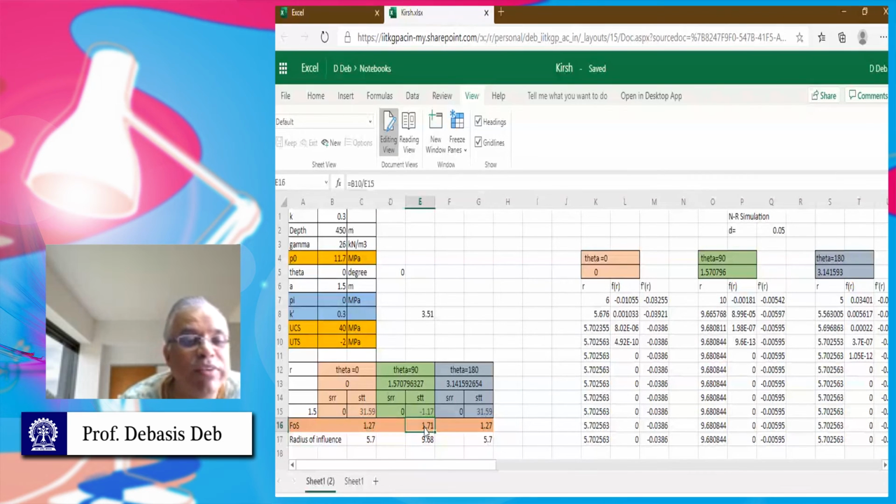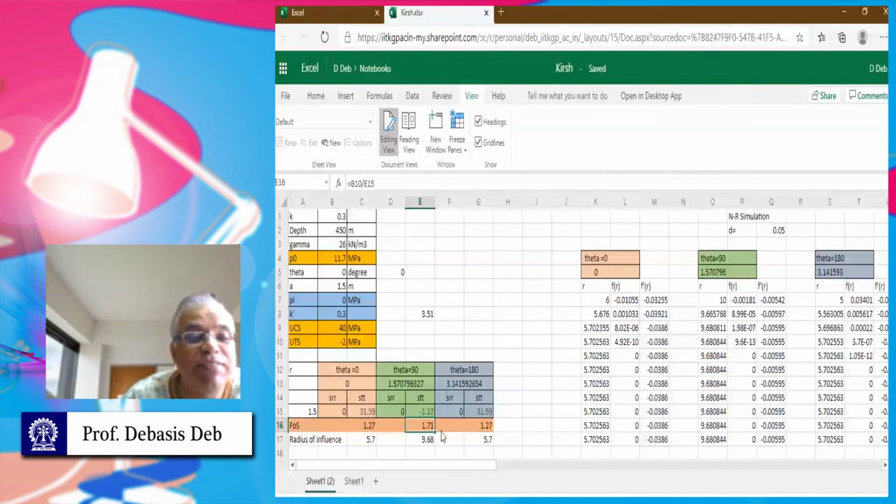But here, because it is in tension, you have to use the tensile strength because this is not compression. And that's why I told you where to use UCS and where to use UTS depends on the sign of the stress you are generating.